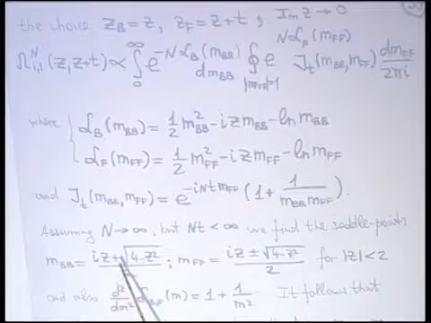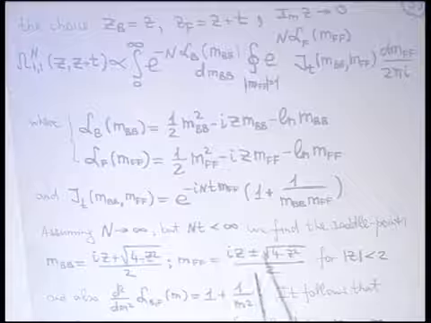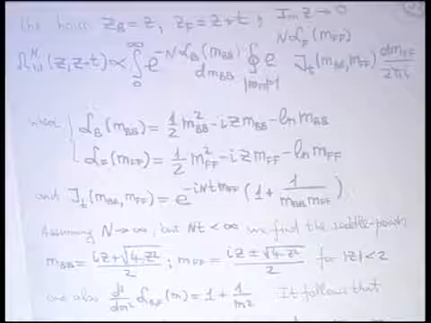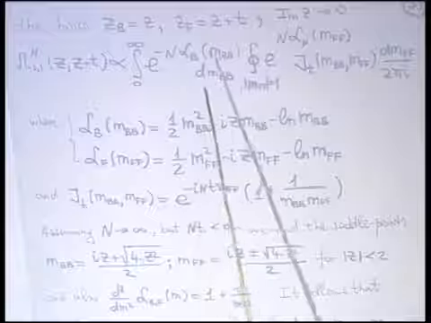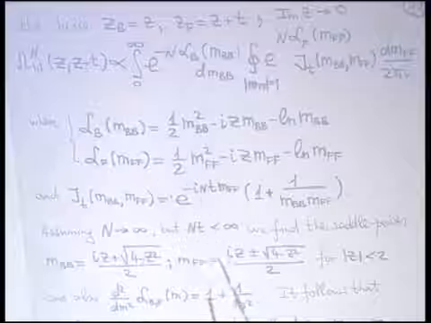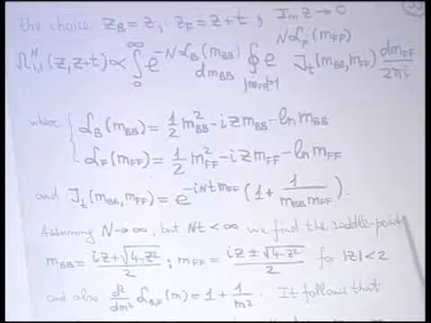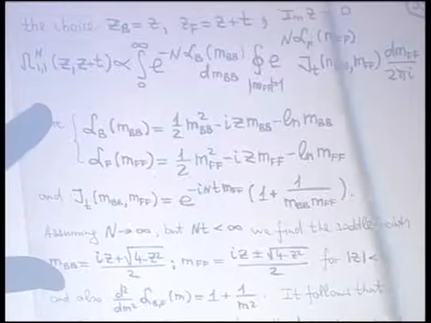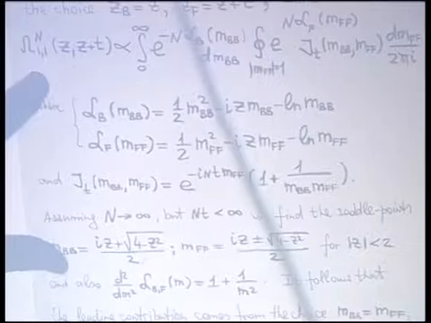You solve and you see that these are expressions for MBB and MFF at these saddle points. You also need the second derivative of these functions L, LB and LF, which are the same as functions, because this will define basically your Gaussian integrations around saddle points.